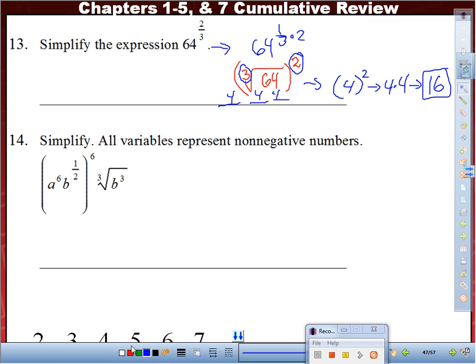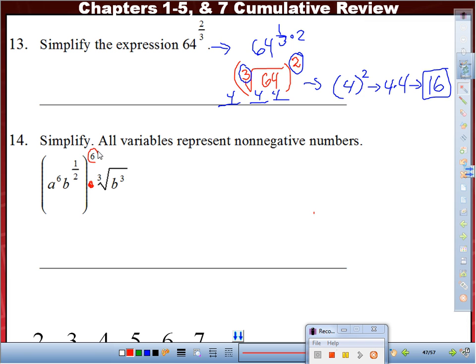Let's look at this one. Number 14. We have 2 expressions: this one inside of the parentheses and this one in root form. When they're side by side, there's multiplication in between. I'm going to indicate it right there.